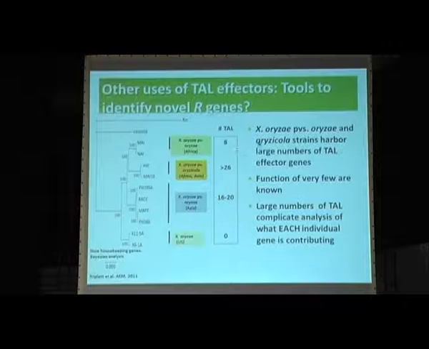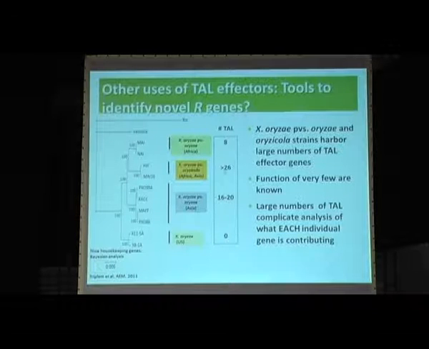So I'll give you a little more information about the TALs. Both Xanthomonas oryzae pv. oryzae and oryzicola strains harbor large numbers of these TALs. So unlike other xanthomonads, which are the pathogens where TALs were discovered from, and almost the only pathogens where they're found, the Xanthomonas oryzae group harbor large numbers.